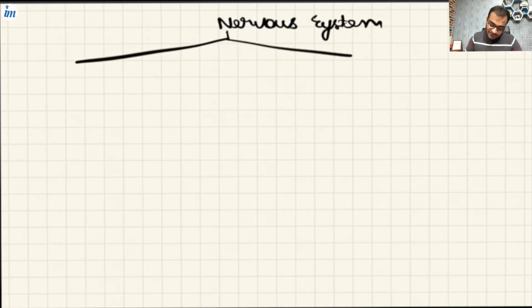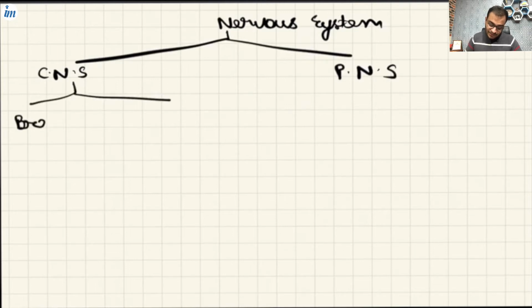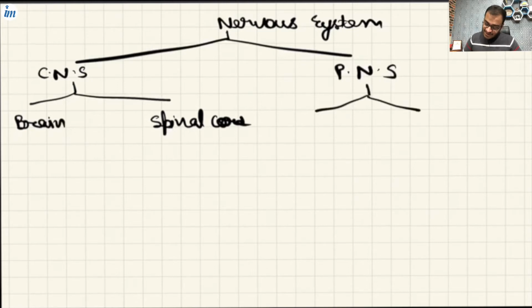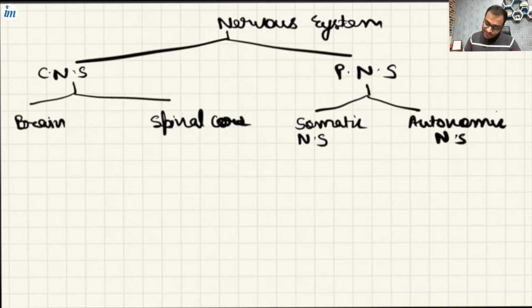So, friends, the nervous system has been classified into the central nervous system and the peripheral nervous system. The central nervous system we categorize into the very important brain and spinal cord. The peripheral nervous system is again categorized into the somatic nervous system and the autonomic nervous system.